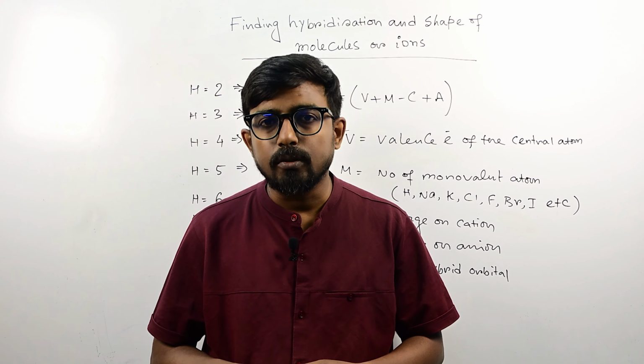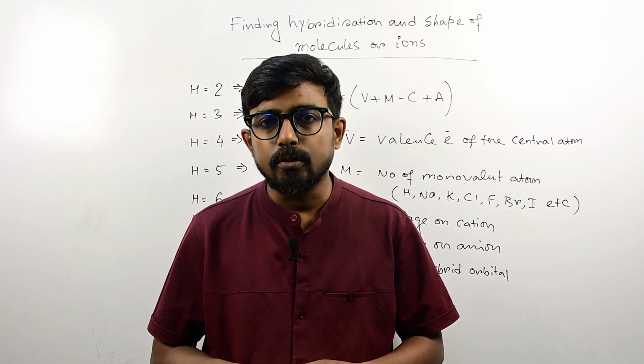Why is this applicable only for H equals 5 and 7? Because for these 2 structures, if we consider the equatorial and axial position, all the bonds formed by the central atom in the equatorial position have an angle of 120 degree, but the bond with the axial position is 90 degree.